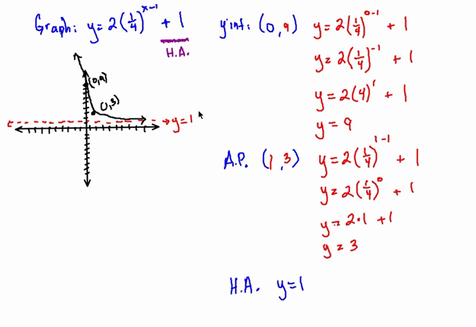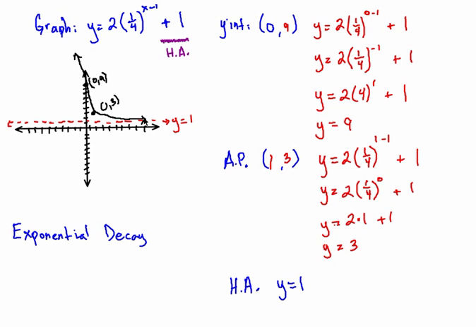And then the last thing we want to remark on is whether this is exponential growth, decay, or a reflection of either of those two. And this graph is exponential decay. And we should know that because as the graph goes to the right, it is decreasing.